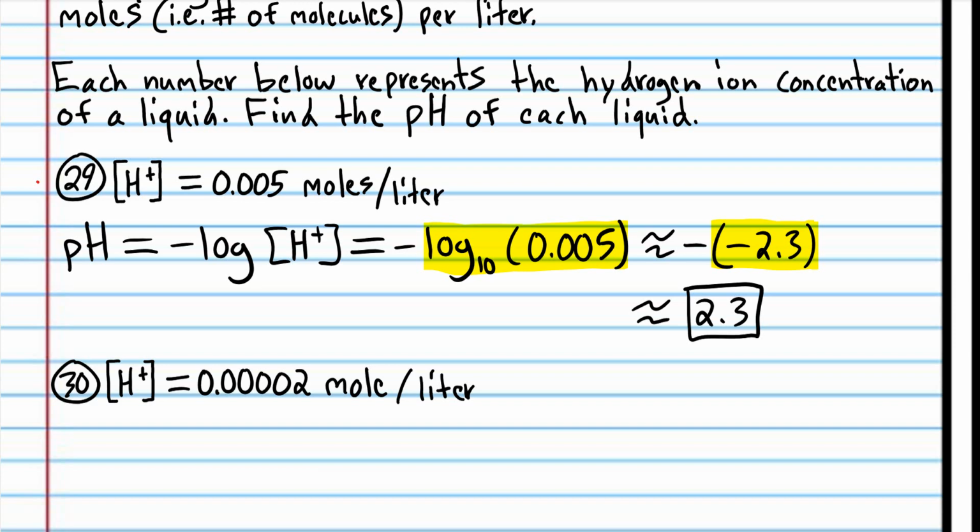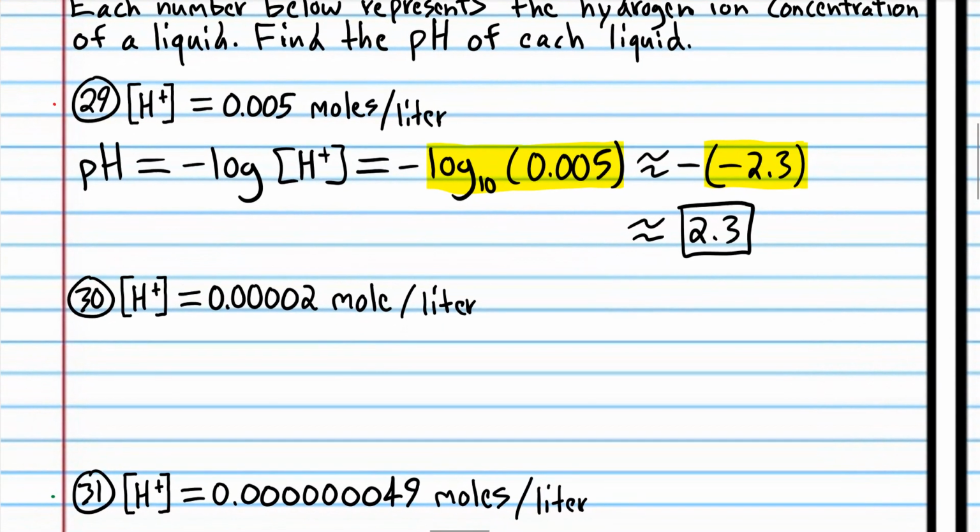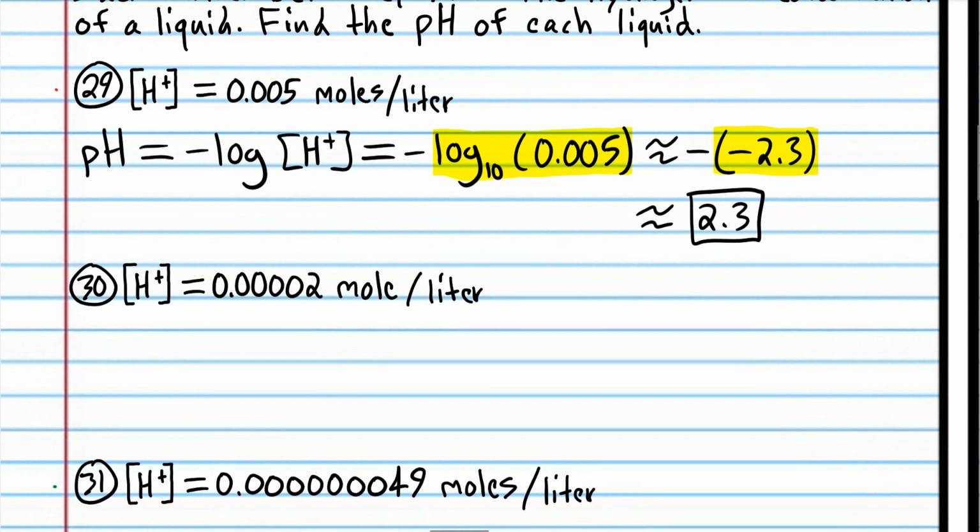You don't have to worry about any units of measure here. Usually when you're calculating a logarithmic value, you don't have to write units. So again, we use parentheses here because the brackets are technically part of the notation.